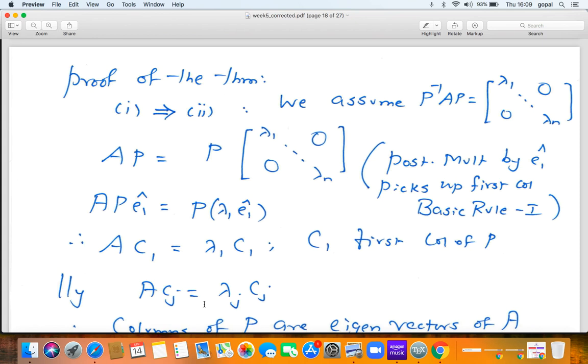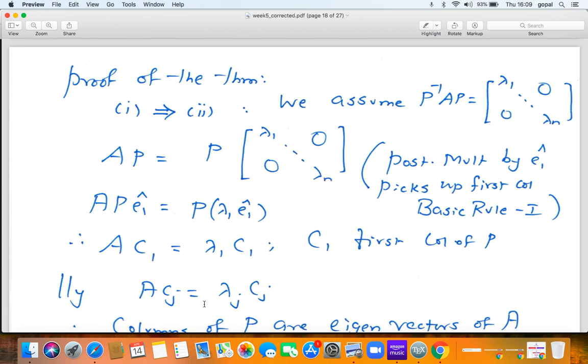So the LHS is AC1. On the right hand side, the lambda comes out. It's lambda times P e1 cap, which is again C1. So AC1 equal to lambda 1 C1. So the first column of P is an eigenvector of A with eigenvalue lambda 1.